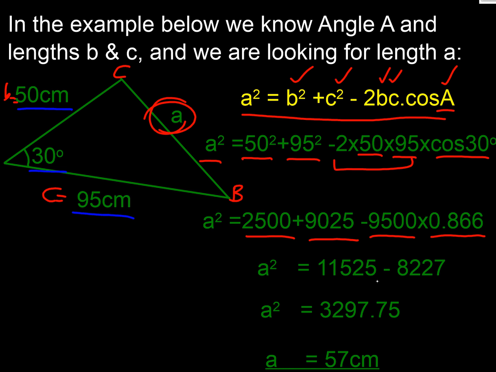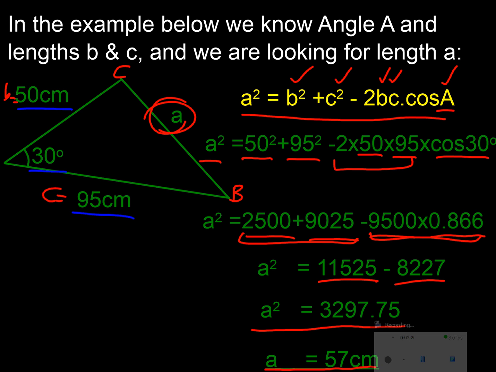So coming down another level, the first two side lengths add up to 11,525, and this adjustment for a non-right angle is 8,277. So therefore we have a squared equals 3,297 and some decimals. All we have to do now is square root that value to get the answer, which is 57. We can do all of that in our calculator, and that's pretty straightforward.